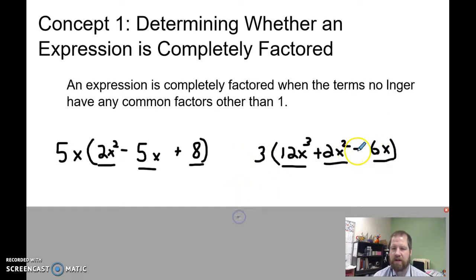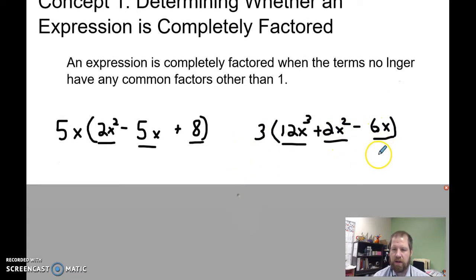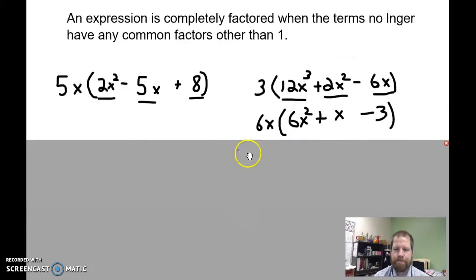Okay, my common factor would be 2x, so I would have 3, I would have an x, and I would have a 6x squared, and if I pulled out a 2x, it would be 3 times 2x, or 6x.